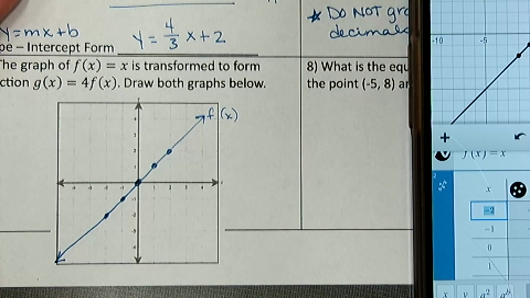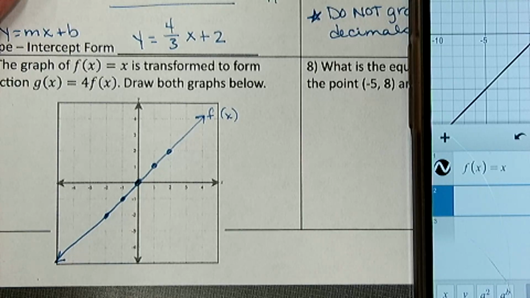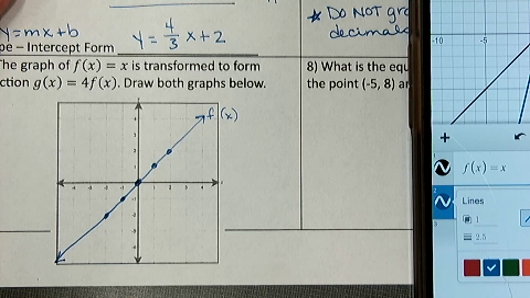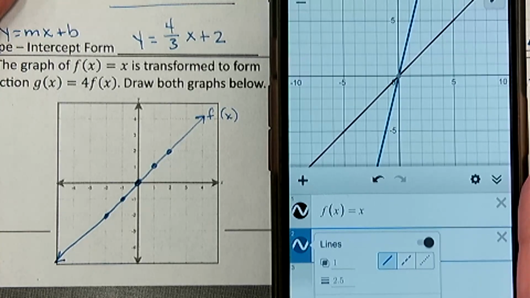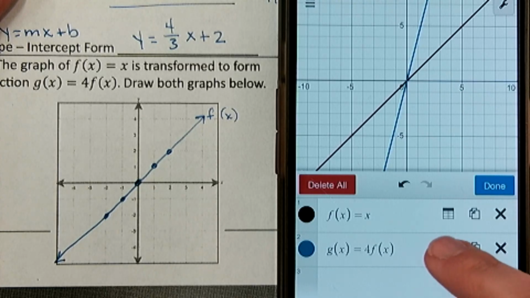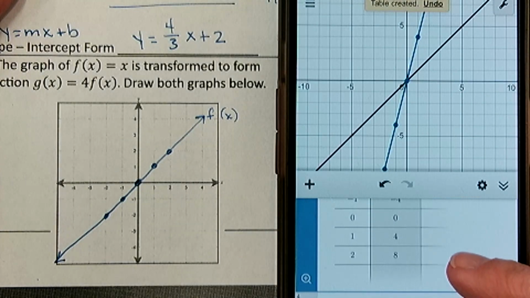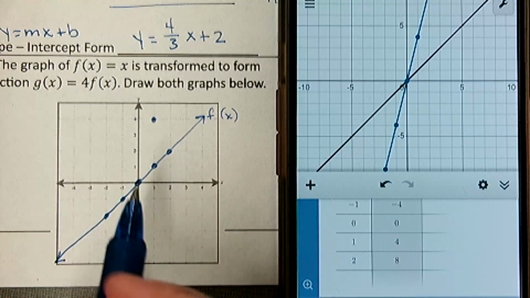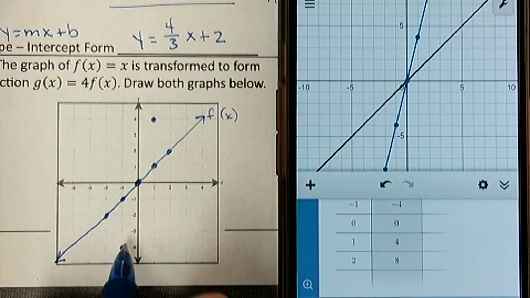If I want to graph the second one, I can do g of x equals 4 f of x. Let me change that color real quick so we can see it better. It is blue. So I can make a table for that as well if I wanted to get some nice pretty points. 0, 0, 1, 4, negative 1, negative 4.